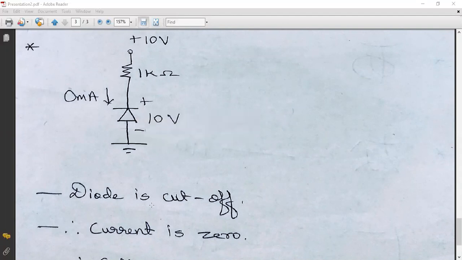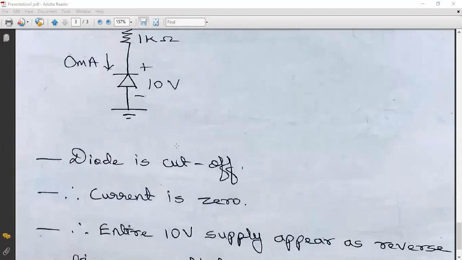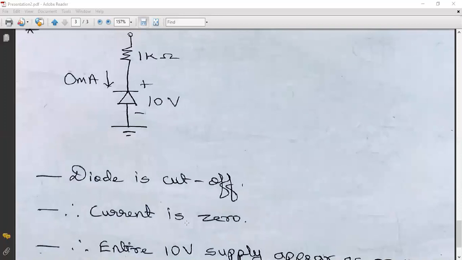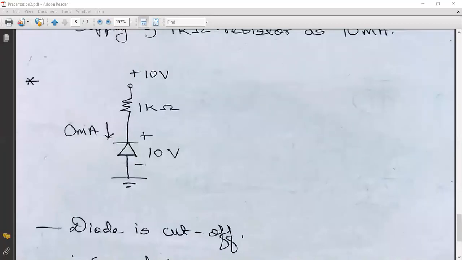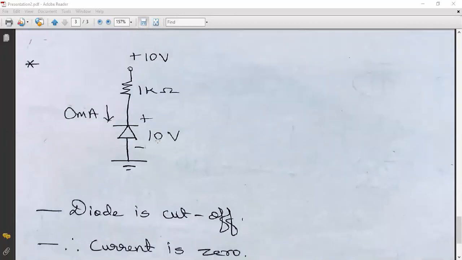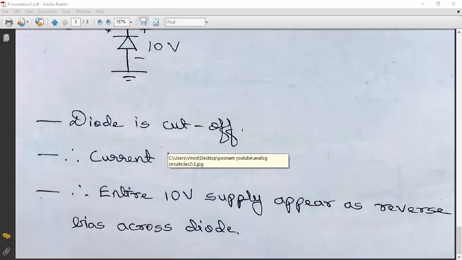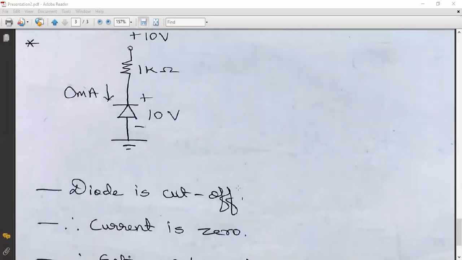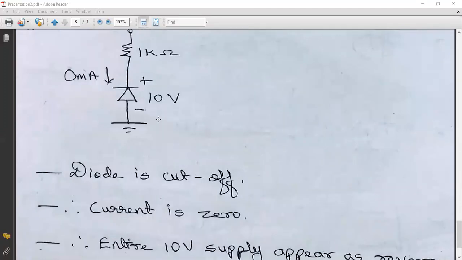That means the diode is in the cut-off state, that is, the diode is reverse biased. Whenever the diode is in reverse bias, the current is 0. Therefore, the entire 10 volt will appear across the diode. The same thing is written here: the 10 volt supply appears across a reverse biased diode.